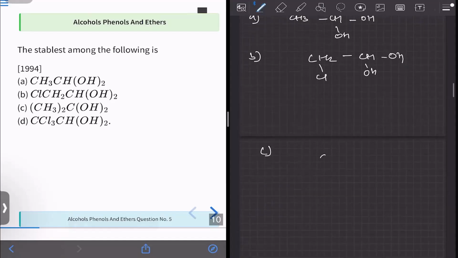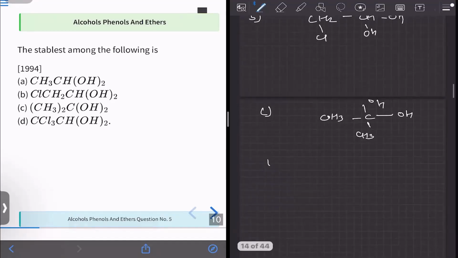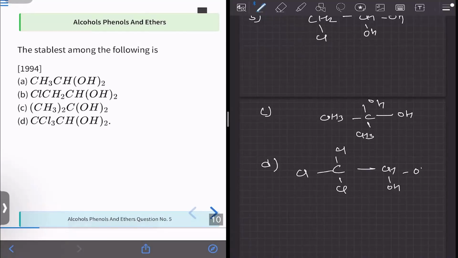Option C. (CH3)2 and (OH)2. Option D. Instead of hydrogen, it contains chlorine, and CH(OH)2.